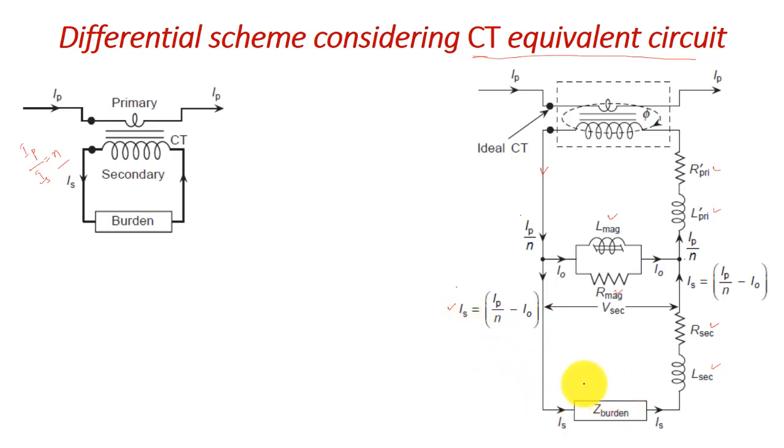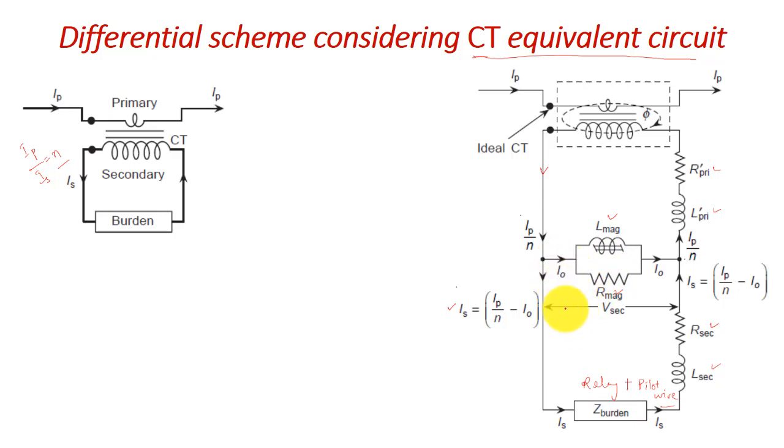So burden is nothing but the relay plus the pilot wire, the impedance of the relay plus the wire connecting to the relay. So your secondary current flowing through the burden IS will be equal to IP by N minus IO. IO is the magnetizing current which is flowing through the magnetizing branch.